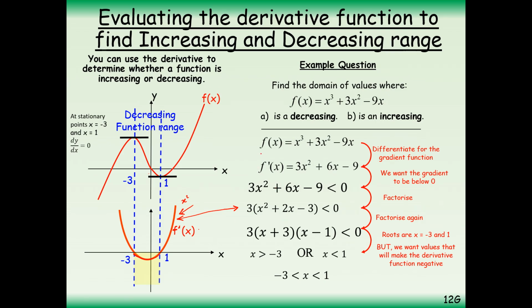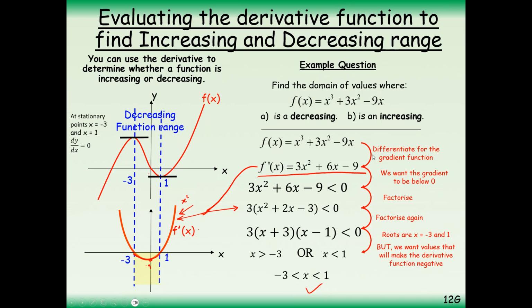The gradient function is this line here, okay? This function, we are sketching that as well. So when x is 0, the intercept is -9. So that's irrelevant. We've solved this interval, x is between 1 and -3 for the decreasing part of the graph.